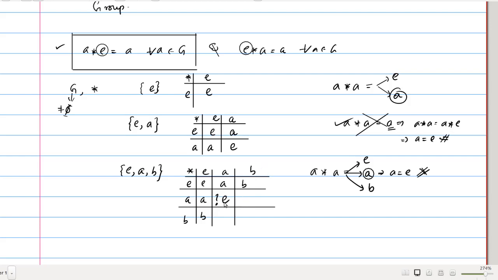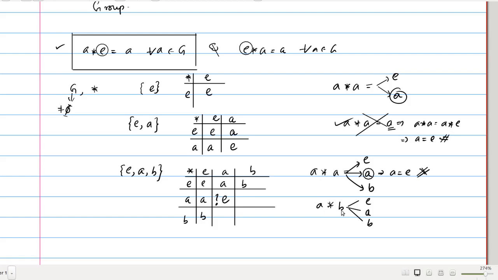If this is E, then we need to fill an element here that has only three possibilities: E, A, B. These are the only possibilities in this box.